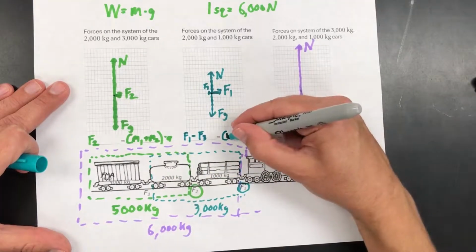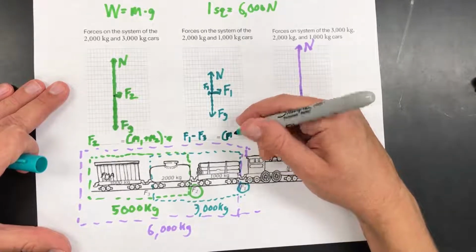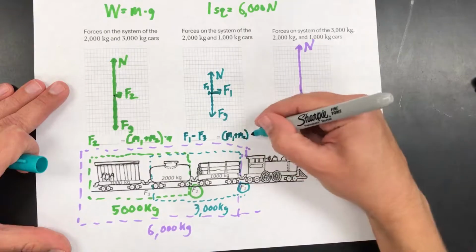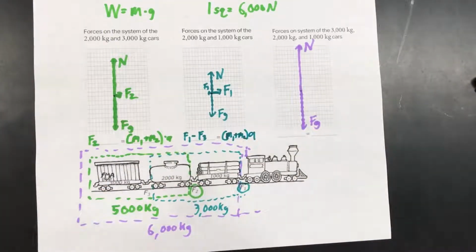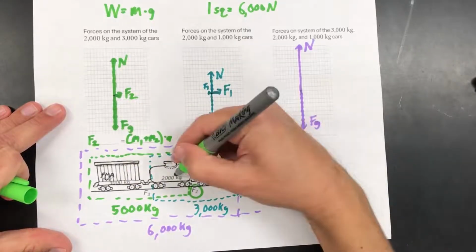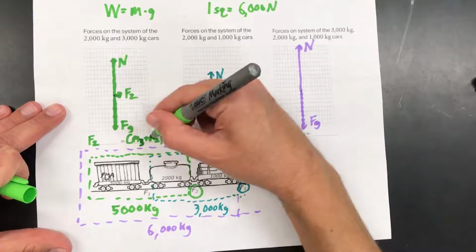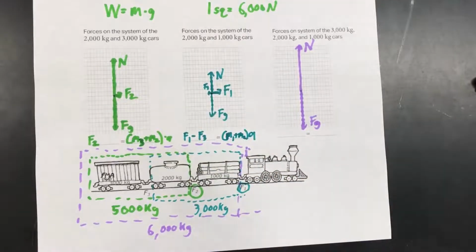I'll just call them M1 and M2 here. And I realize another mistake here. If I call this mass 1 and this mass 2 and this mass 3, then this over here should be mass 3 plus mass 2. So, there. That's the equations on that side.